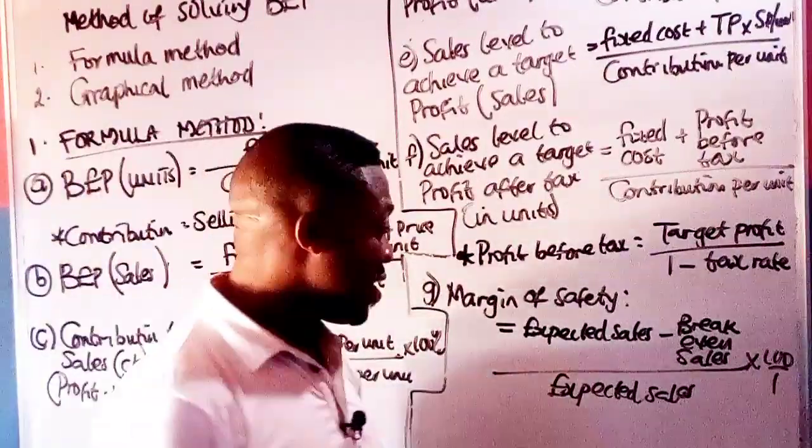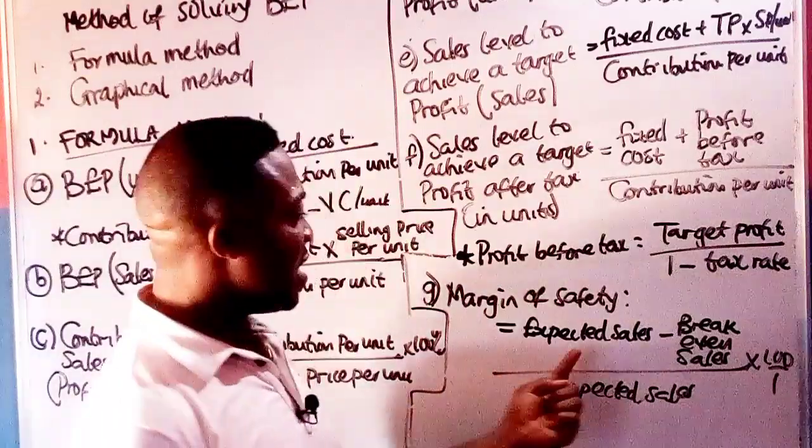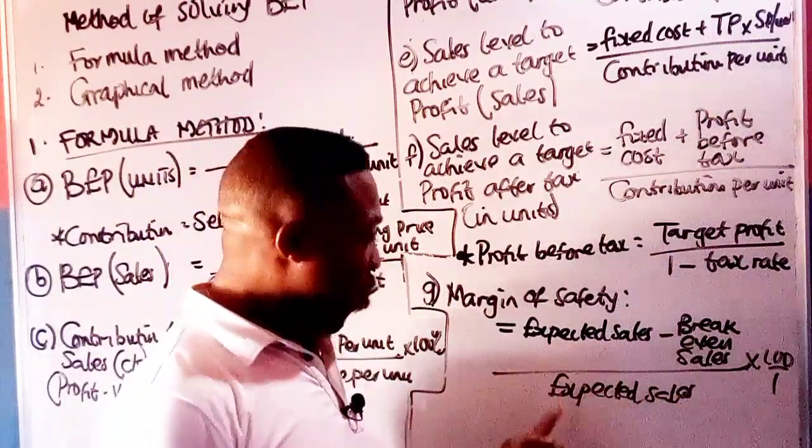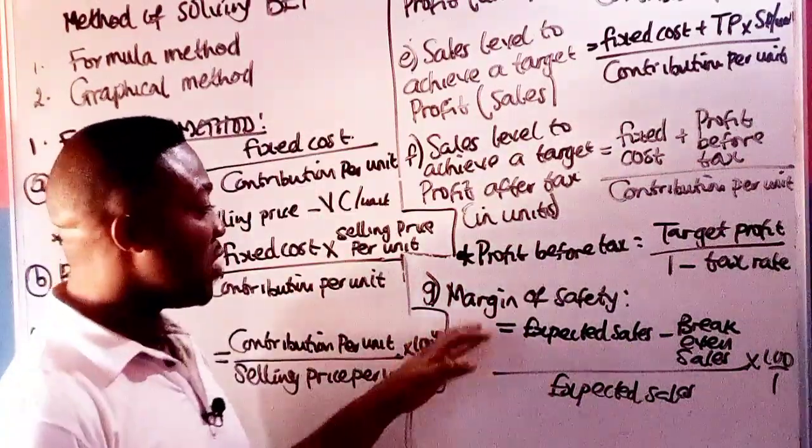So the margin of safety, like we said, is the difference between the expected sales and the break-even sales, given as the expected sales minus the break-even sales over the expected sales times 100 over 1. So that will give us the margin of safety.